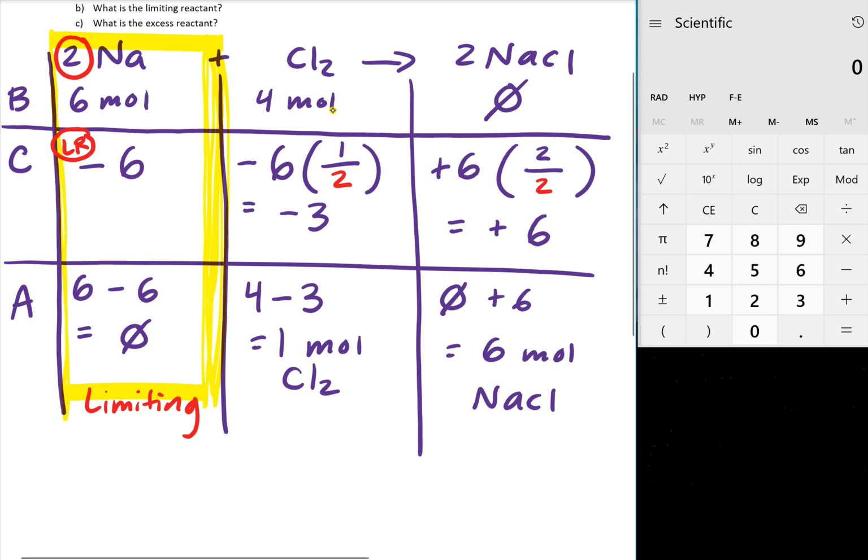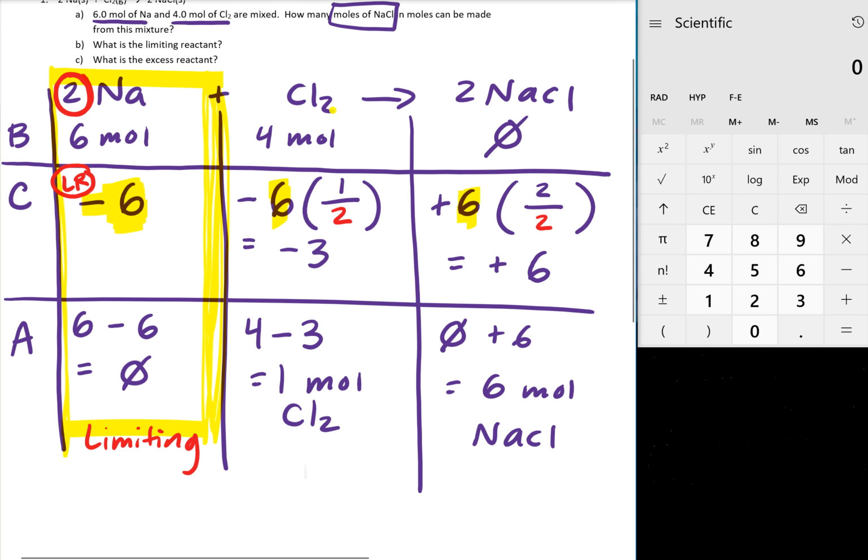Its coefficient of 2 was copied to the denominator of all the mole ratio fractions. And also, its starting value of 6 was subtracted. Okay, all of it was used. That 6 was carried over to all the other columns. That value of limiting reactant is used in all the other columns for your reaction.